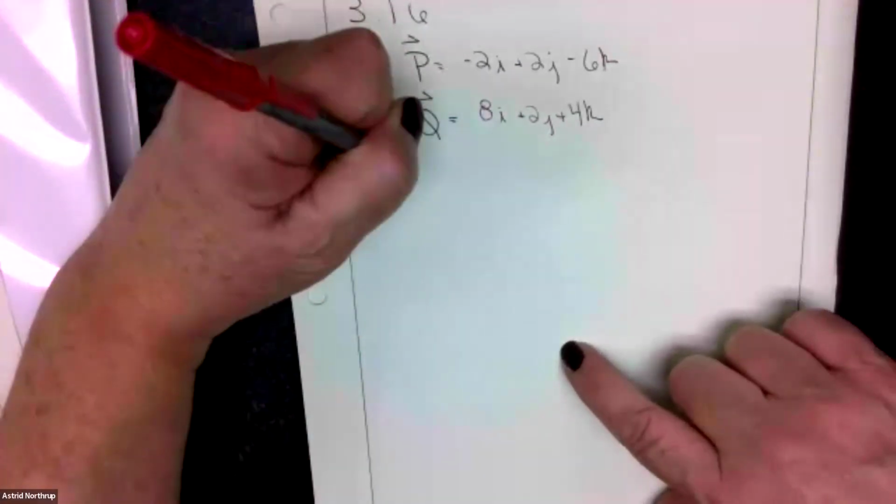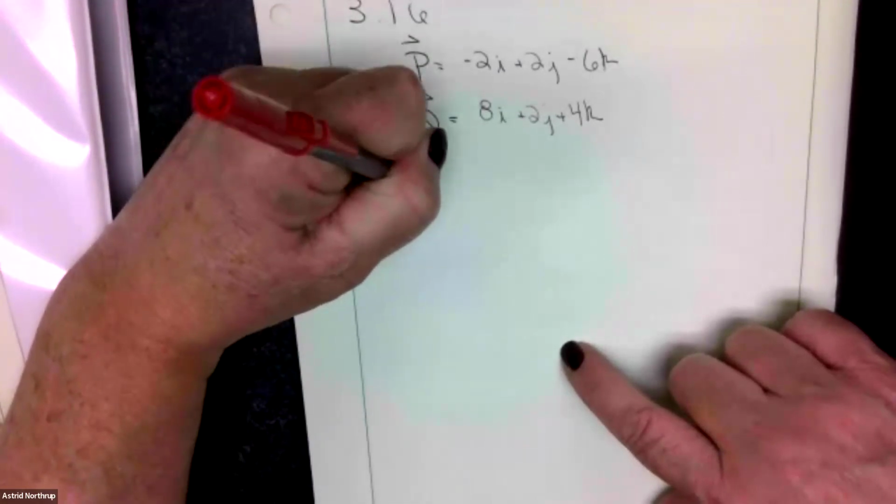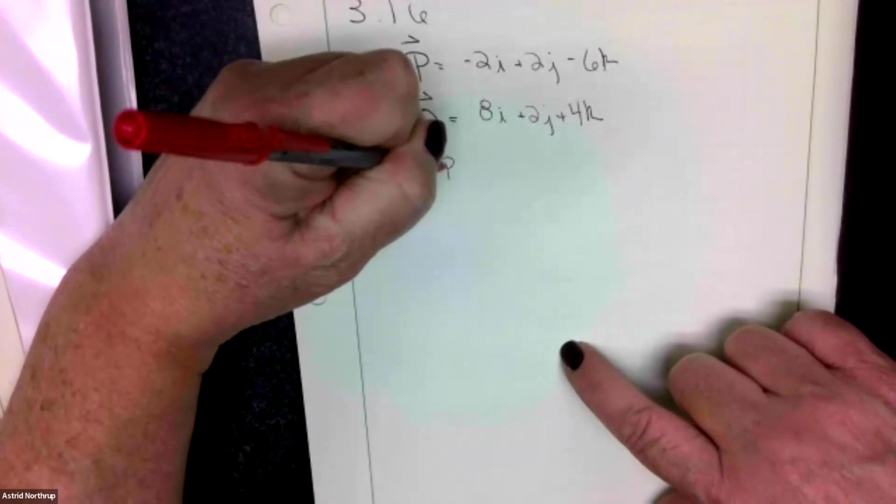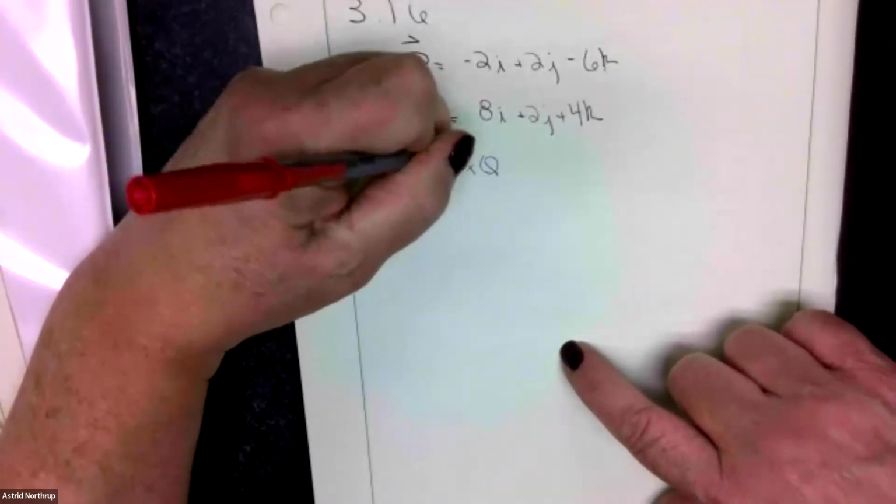And I'm just going to call it R, kind of resultant, equal to P crossed Q. And how do I do that?